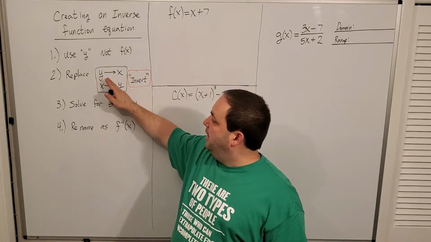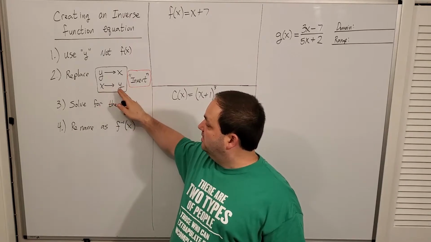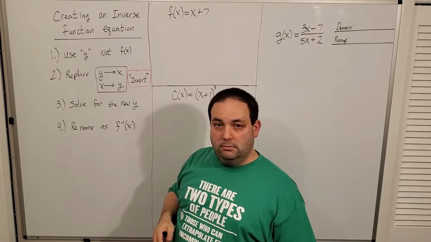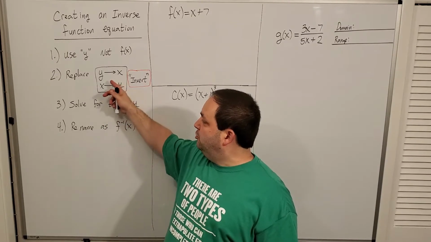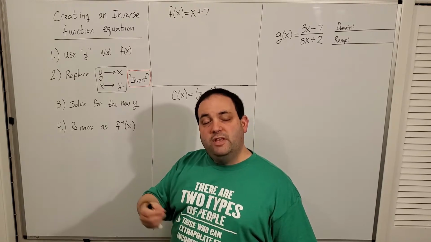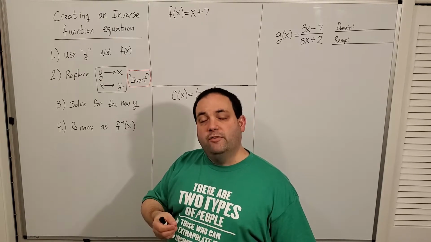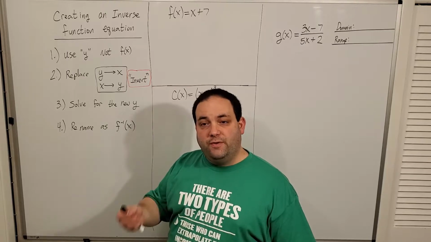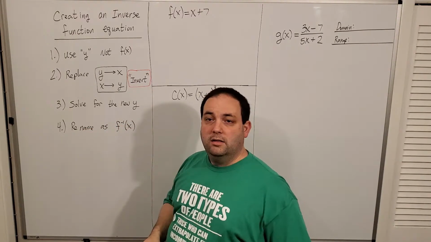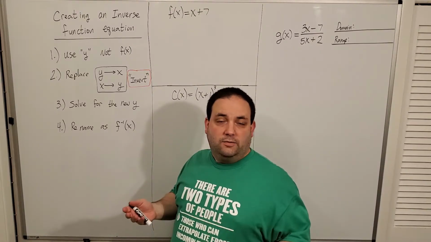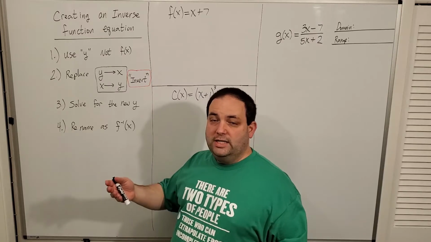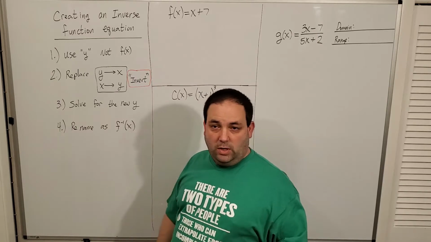Replace all of your y's with x's and all of your x's with y's. This is actually the step called inverting. Okay? Once you do this step, you're technically standing on top of the inverse. However, it's not necessarily an inverse function until you do step 3, and that's solve for y. If you recall, one of the tactics for having a function is to get y by itself so that you can name it f of x, g of x, a of x, whatever.